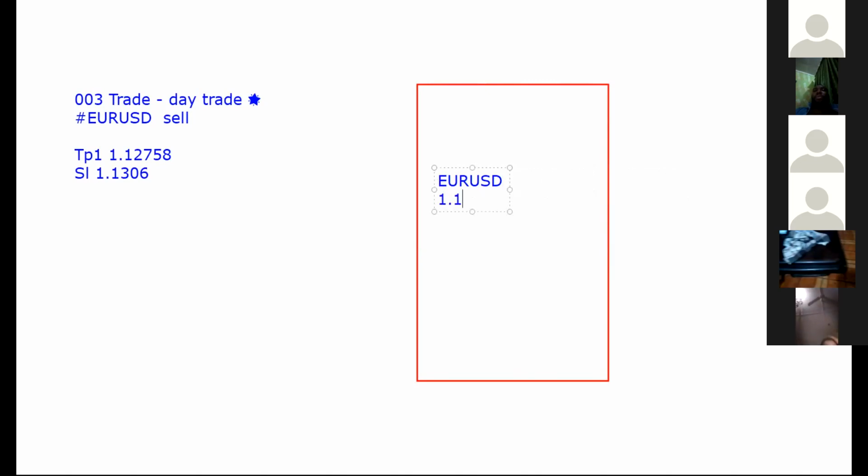Let's say 1.12437 or 1.12458. You normally see something like this on a running trade.